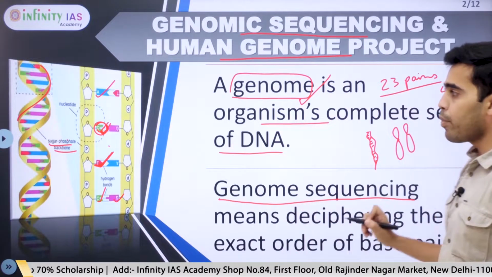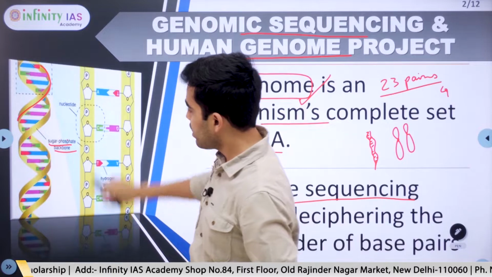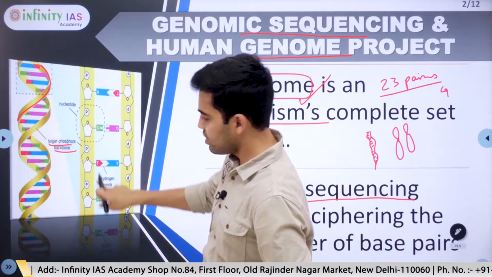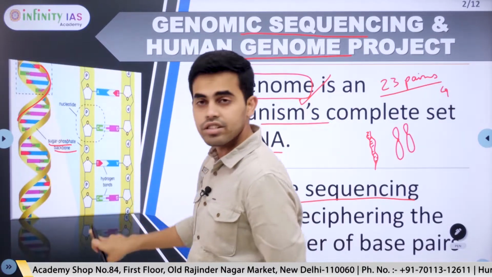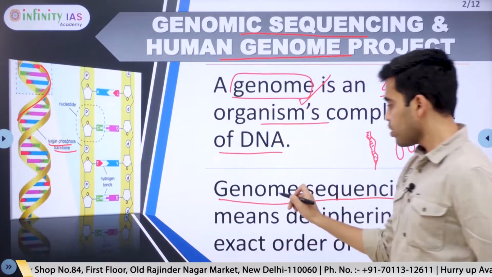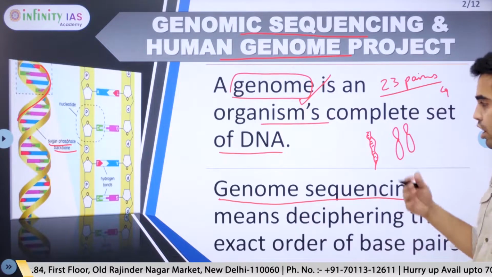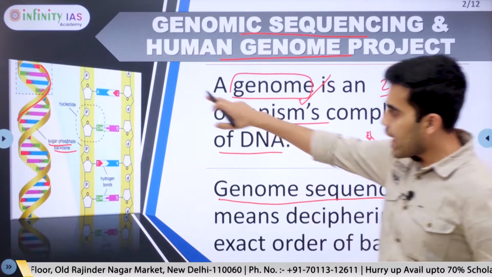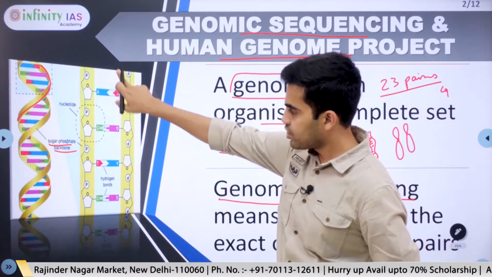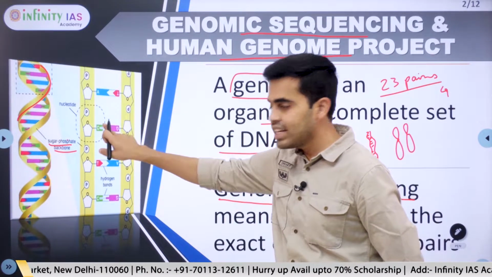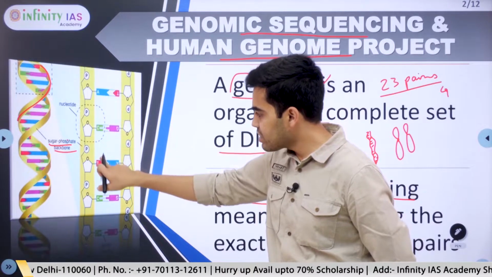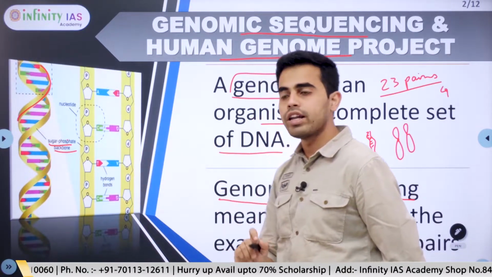So it is very important that we understand the sequence in which these nitrogen base pairs are arranged in the DNA molecule. In genomic sequencing, what we essentially do is map the entire structure of DNA, as in we look into the sequence of nitrogen bases that are in the DNA molecule.